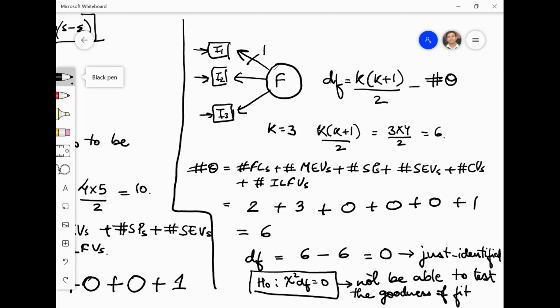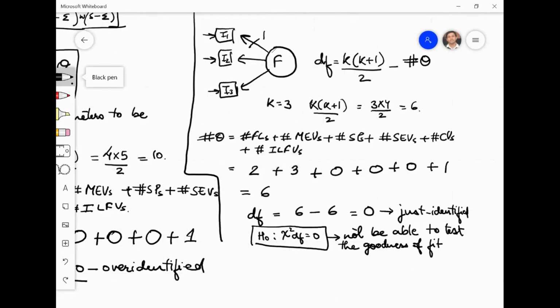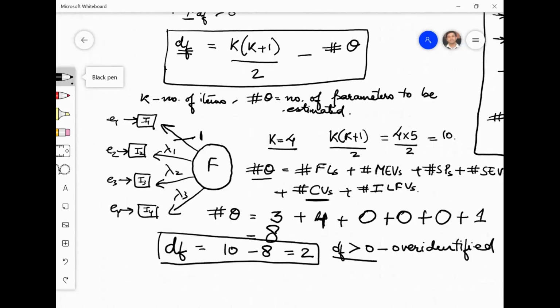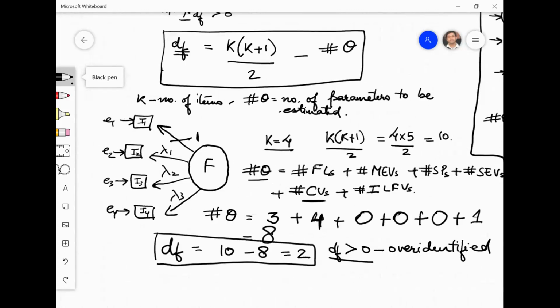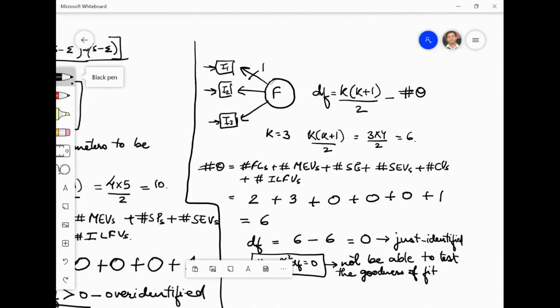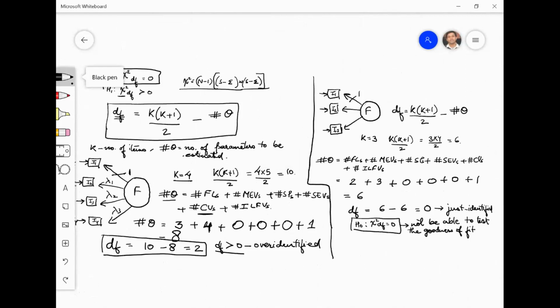This is one reason why we always recommend that ideally you should have 4 or more items for each latent factor, or else at least keep 3 or more items measuring each latent factor, right?